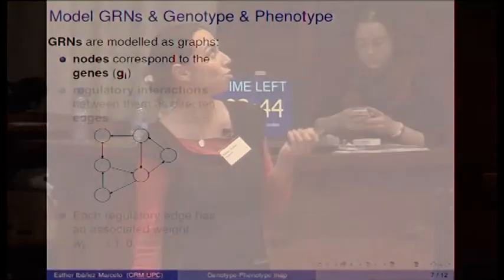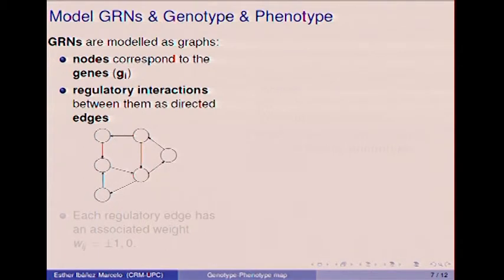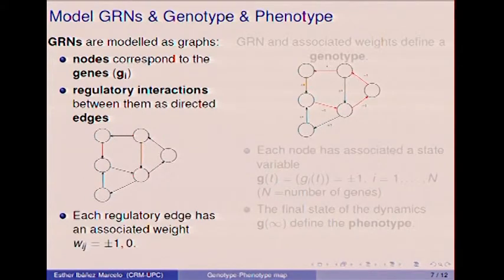What is our model? The gene regulatory network is modeled as a graph where nodes correspond to genes and interactions correspond to edges. Each edge has an associated weight, +1, -1, or 0. +1 means that one gene promotes the other one, -1 means that one gene inhibits the other one, and 0 means that no edge exists.